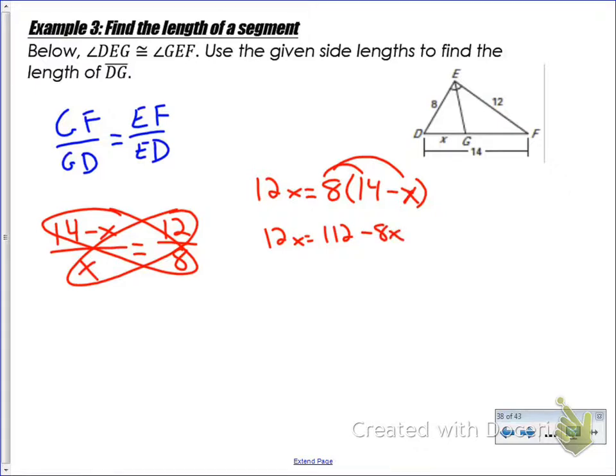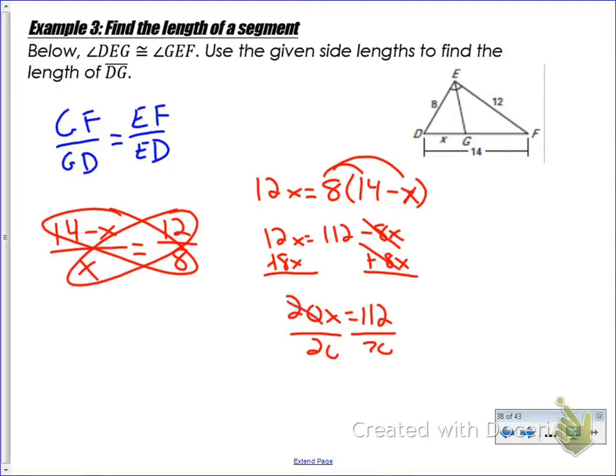Then we get all of our X on the same side, so I'm going to add 8X to both sides. Those will cancel out. 12X and 8X is going to be 20X, equal to 112. Last but not least, divide by 20. And X is going to equal 5.6.